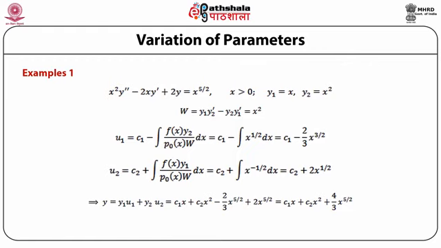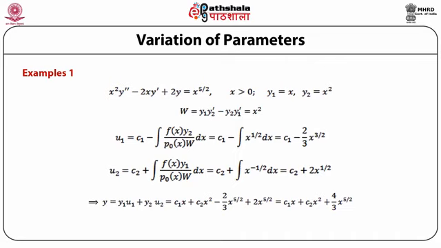Similarly, u2 can also be obtained by using the expression u2 is equal to c2 plus integral of f(x) y1 divided by p naught (x) W dx, which will be equal to c2 plus integral of x raised to power minus half dx. This gives u2 to be equal to c2 plus 2 times x raised to power 1 by 2.